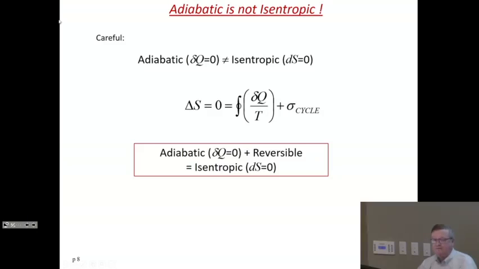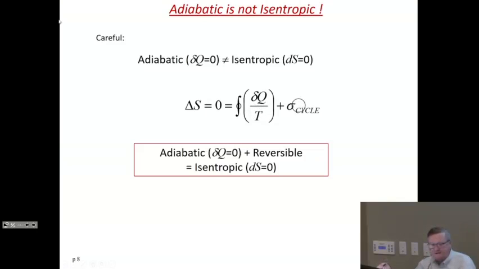Now this is something that you have to be careful with. In many problems, you're going to be told that the transformation is adiabatic. Adiabatic is not the same thing as isentropic in general. So adiabatic means that the heat is zero, the change in heat is zero. Isentropic means that the change in entropy is zero. So a system has a change in entropy that is zero when the integral for the reversible part of delta Q over T is zero.